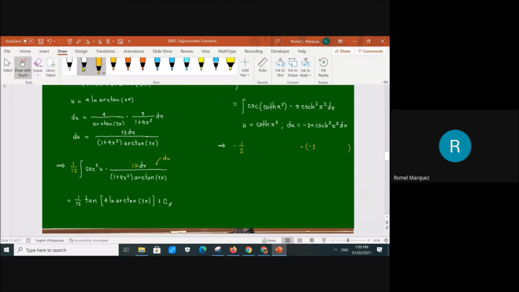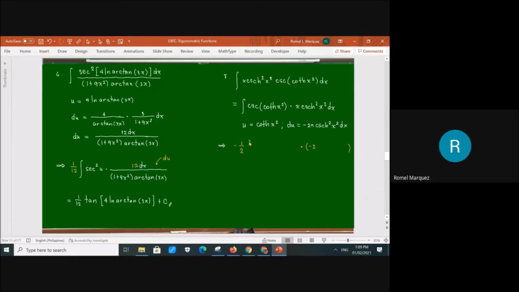Let's see if that will fit there. Integral of cosecant of hyperbolic cotangent x squared, then times, I put negative 2 balanced by negative 1/2, and then copy.